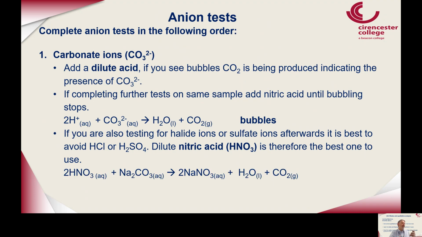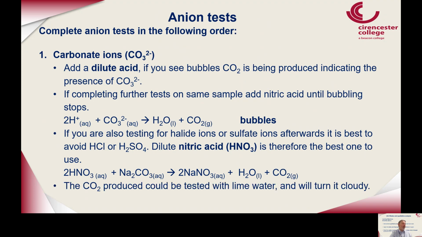Here is the reaction: nitric acid plus sodium carbonate will make sodium nitrate plus water plus CO2, and of course the nitrates are all soluble, and group 1s are all soluble. So the nitrate and the sodium basically end up being spectator ions, hence the equation at the top.